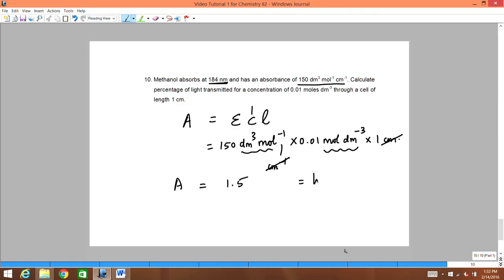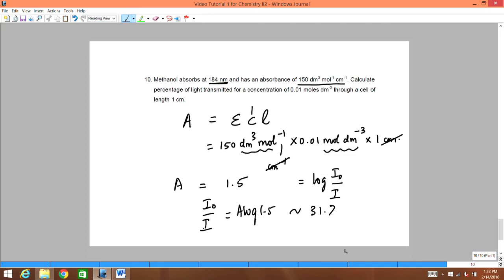This is equal to log I naught by I. In this case, I naught by I is the antilog of 1.5, it is about 31.7. So, what it means is that I is 31.7 times less than I naught.